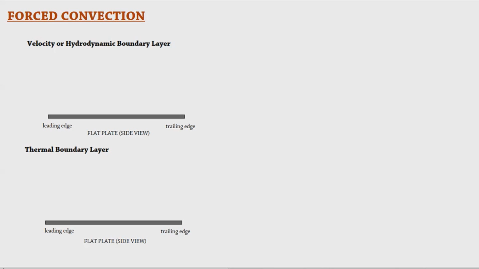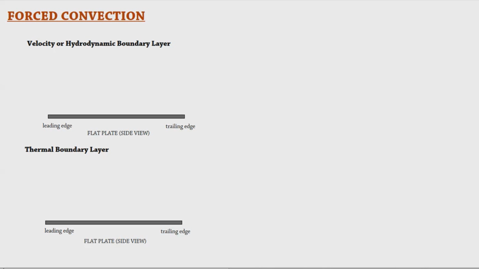So I hope it made some clarity in your mind about what particular type of convection you have in such cases of problems. So just remember, when fluid is forced through the use of mechanical means, let's say pumps, fans, or even if the problem doesn't tell you that there's a pump used to convey the fluid, there are still cases that you would consider as forced convection, because it doesn't naturally occur.